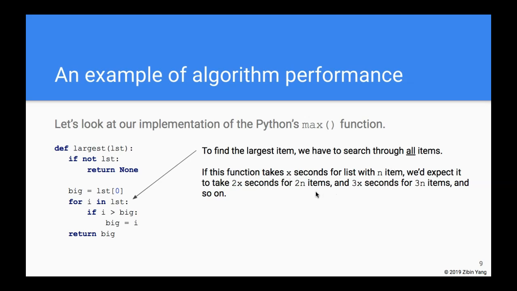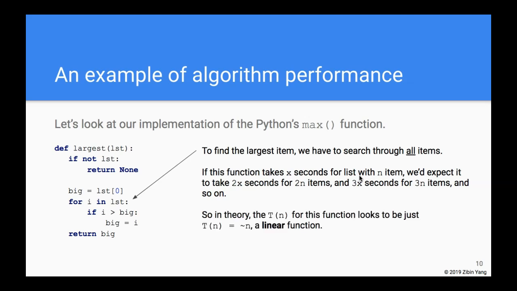Then it's reasonable to think that if the number of items becomes twice as many, 2n, then it will take twice as many seconds, 2x seconds, to look through all of them and find the biggest. And the same thing goes for 3n items, then it should take 3x seconds, and so on, right?